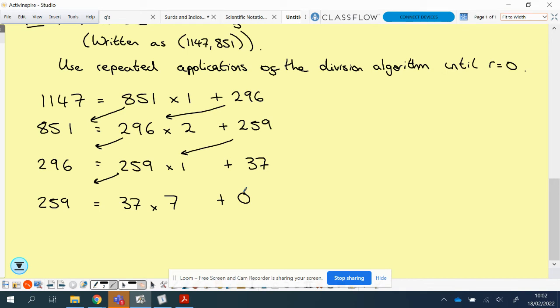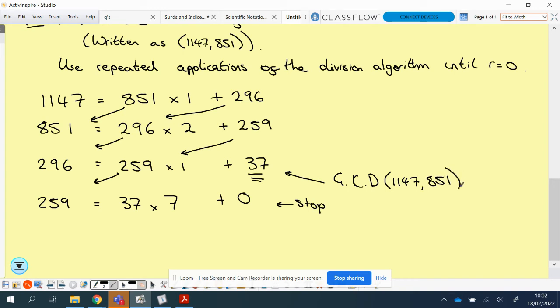Okay, now what we do is we stop here. Okay, because I can't continue the process now. Okay, because I've got a 0. But where you find the greatest common divisor, it was the previous remainder. Okay, so that there is the greatest common divisor of 1147 and 851.